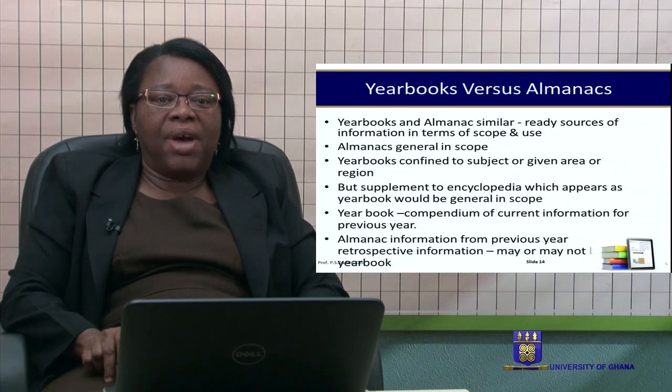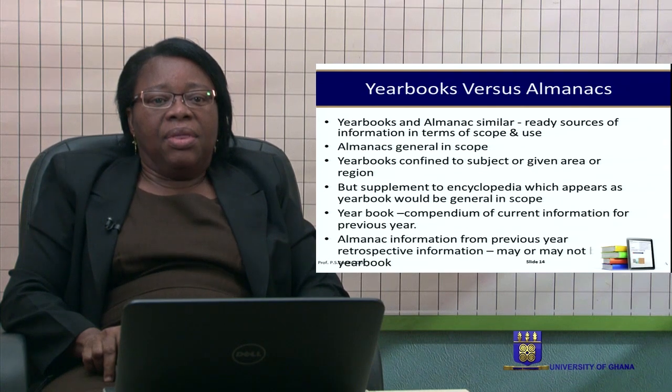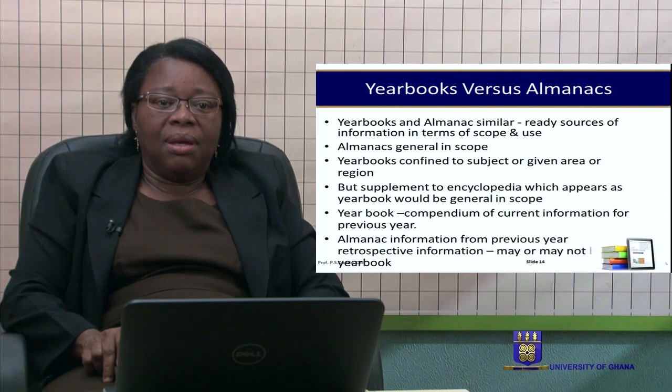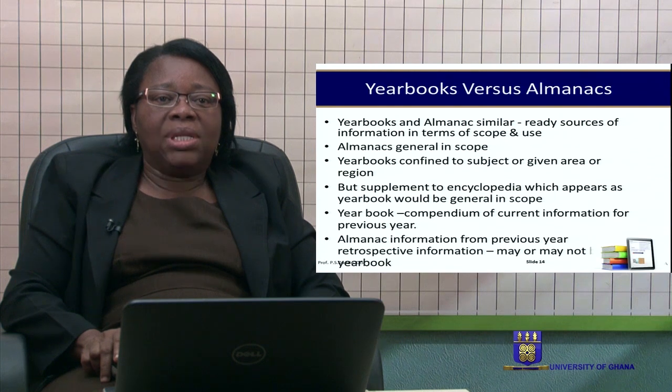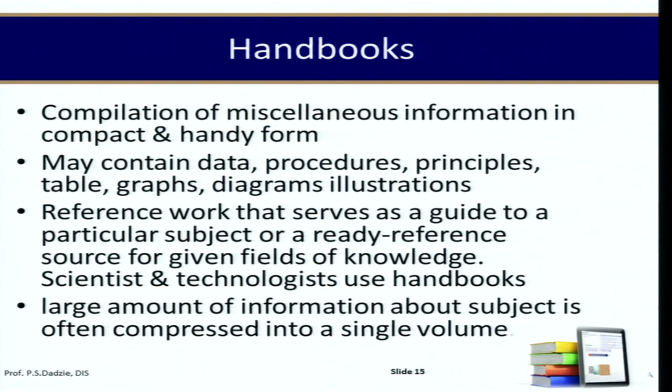Yearbook is usually confined to a subject area or a given area, except the encyclopedia yearbooks, which tend to cover general materials. The almanacs contain information from different years, not only the previous year. It will have retrospective information as well. But a yearbook always has information limited to the preceding year. So these are some differences between the yearbook and the almanacs.